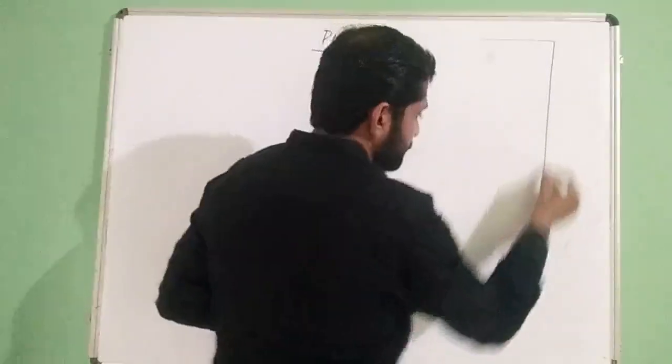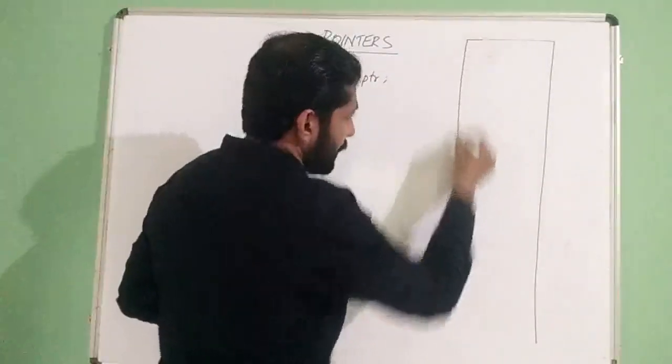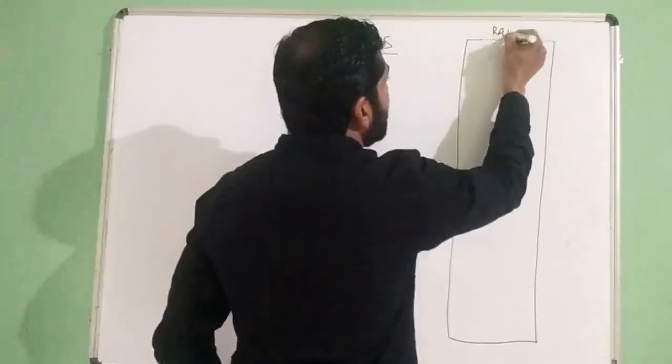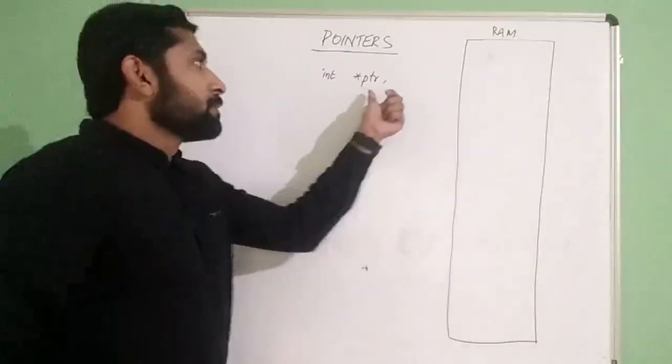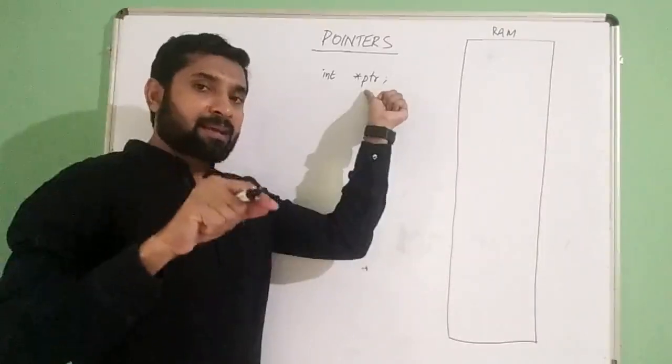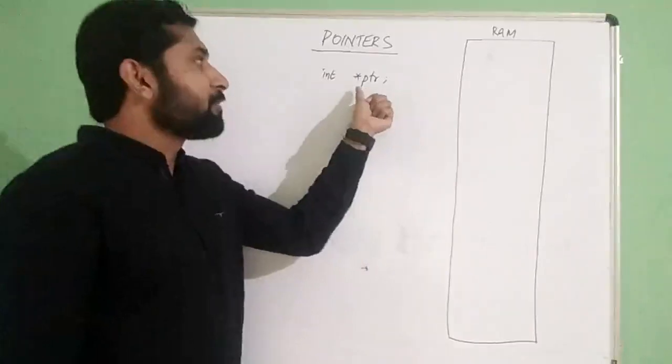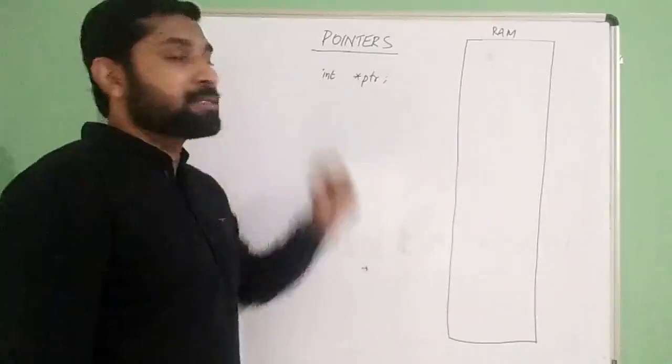Now let us see the memory organization. Let this be the RAM. See here, pointer ptr is created in static fashion, not in dynamic fashion. So we have created a pointer of type integer.